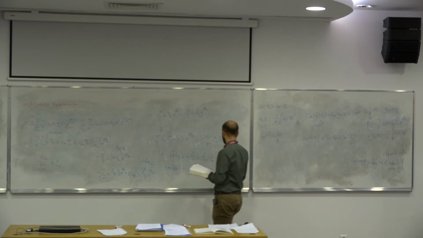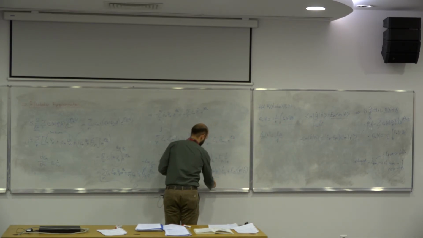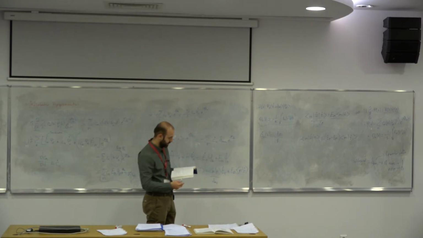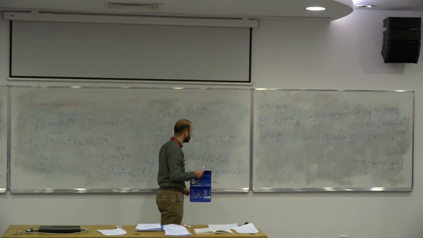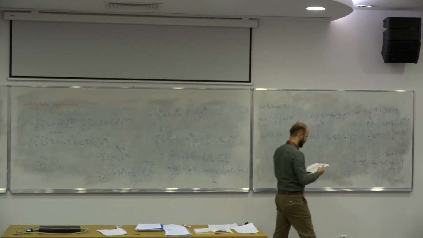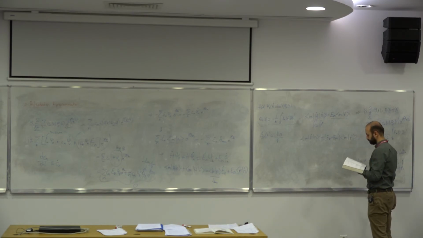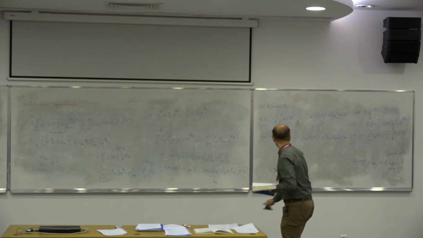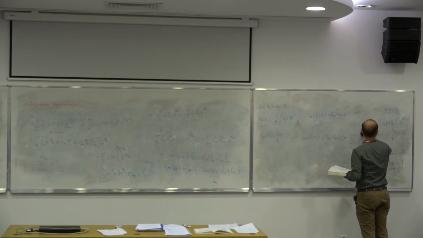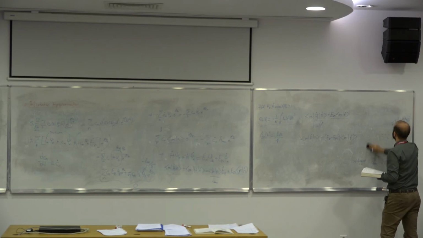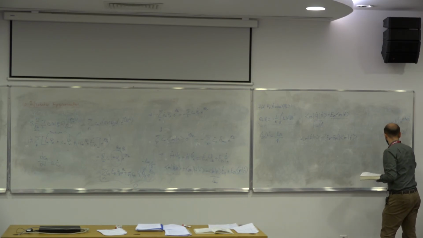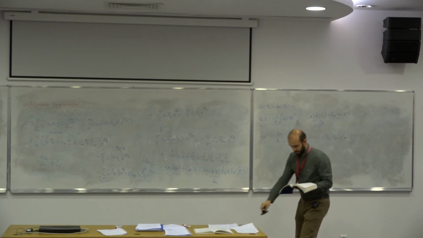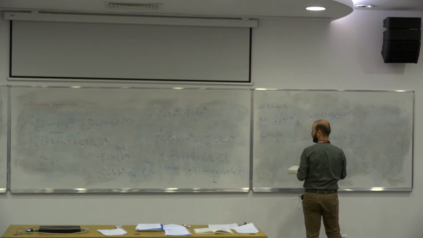Since this is m n, if m and n are different, this will give me a 0. That's why I haven't written it here. Now we are very close to finishing.